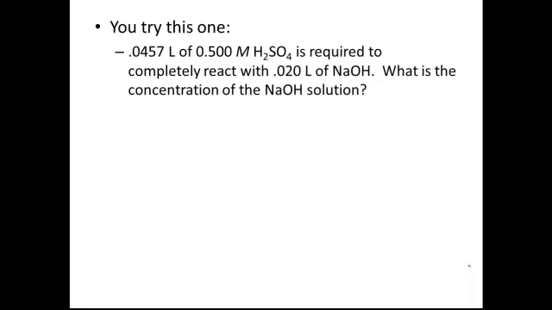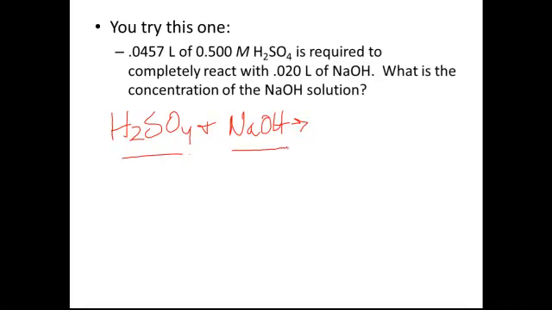All right, so the first thing I'm going to do is write a balanced equation. H2SO4 plus NaOH is going to produce... this is an acid, this is a base. When you combine an acid and a base together, you always get water. Notice the H and the OH go together to make water.